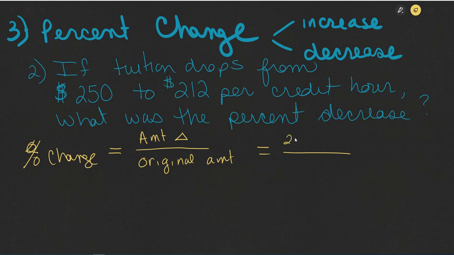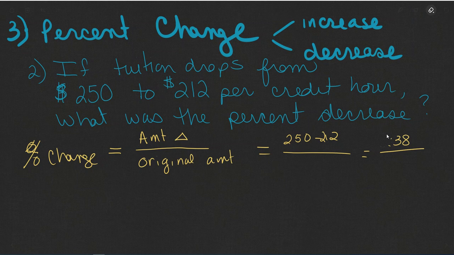Let me write that in. 250 minus 12, which is going to come to 238. I'm sorry, I'm not sure how I did that. 250 minus 212, not 12, right? So $38 difference.